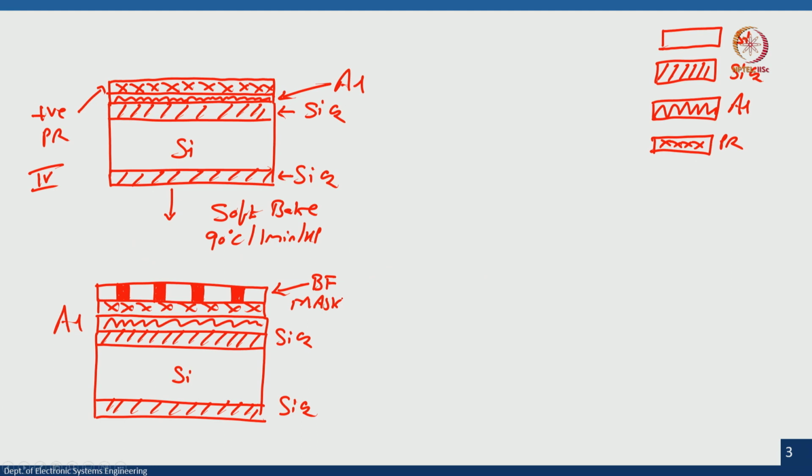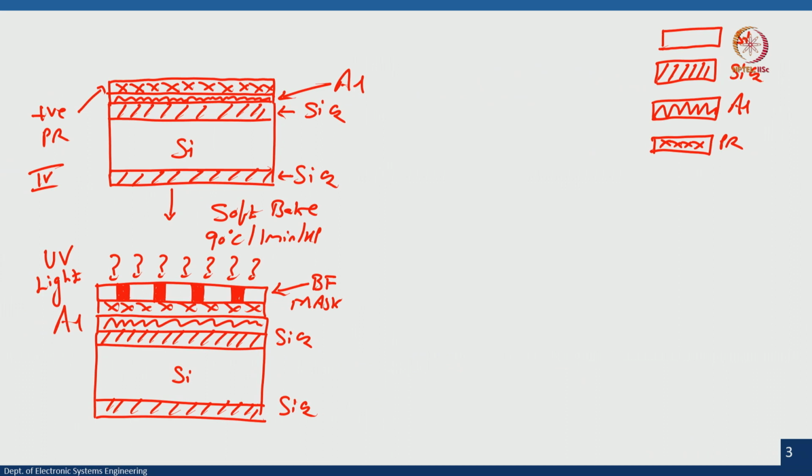Okay, bright field mask. Now, once you load the mask and align the wafer, next step is expose it. Expose using what? Expose using UV light, ultraviolet light.